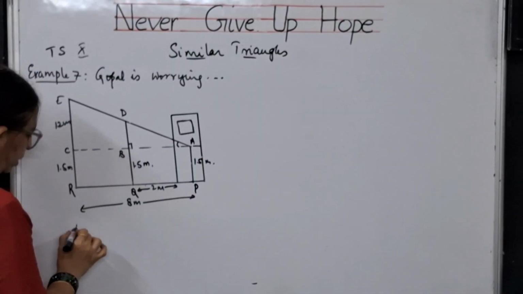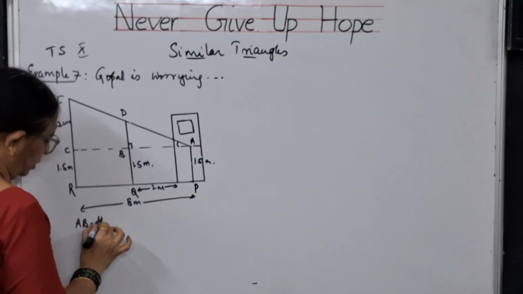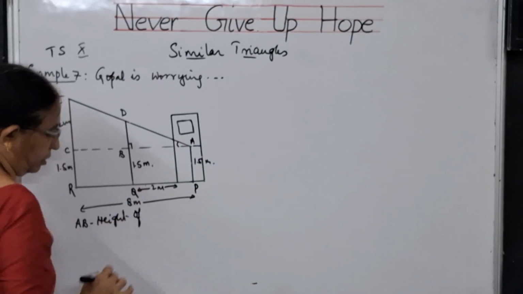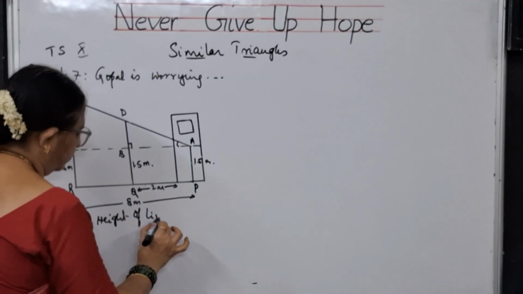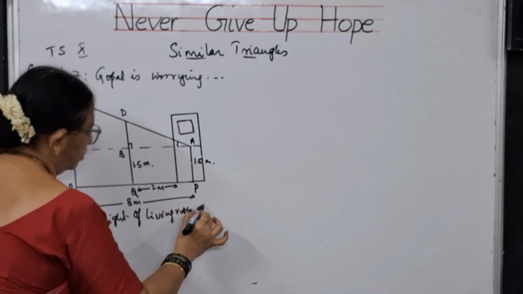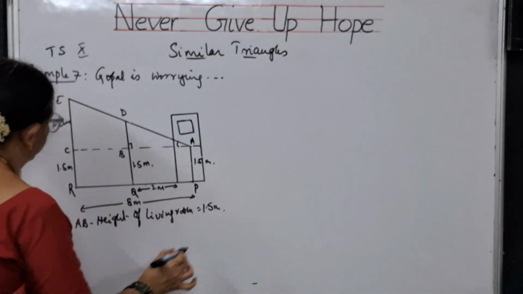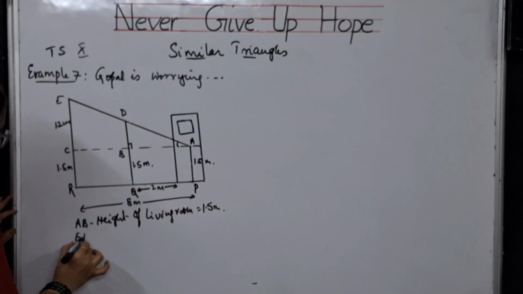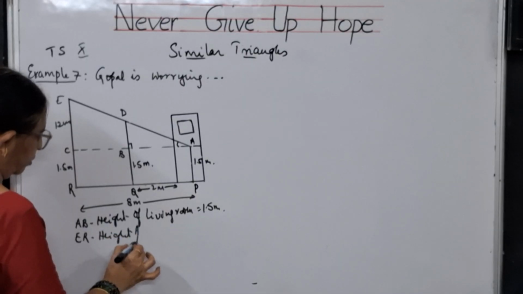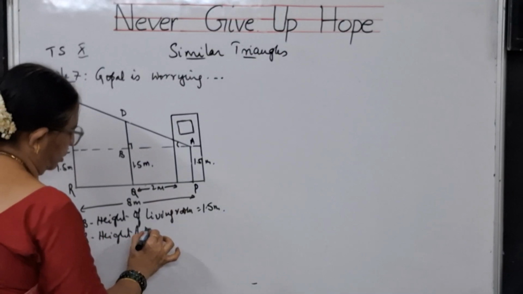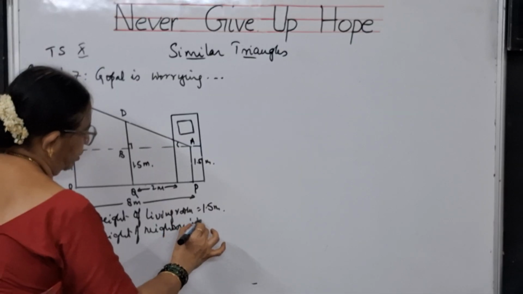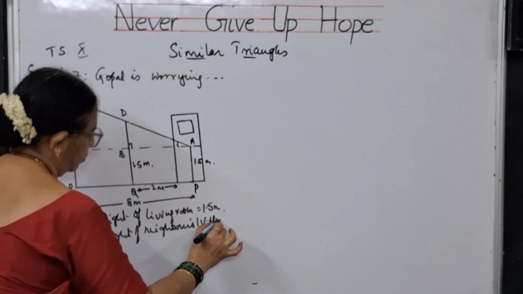AP is the height of the living room, that is equal to 1.5 meters, and ER is the height of the neighbor's first floor window.